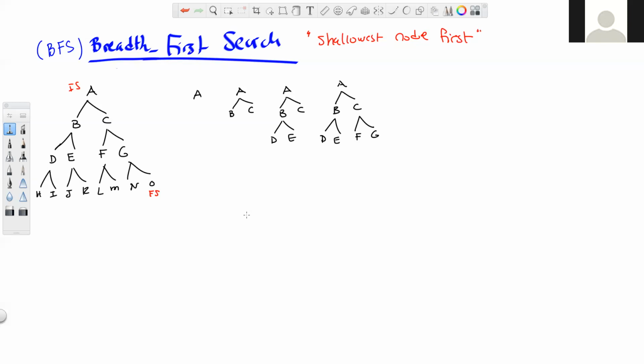Any of them, fantastic. Okay, someone said D. No, any of them, because they're all at the same depth. BFS, the breadth first search, cannot distinguish between them. It says pick any that you want. Okay, you know what's going on. I'm just going to roll this for a couple of steps, hopefully up to the point where you're ready to make the inferences that we need to make.